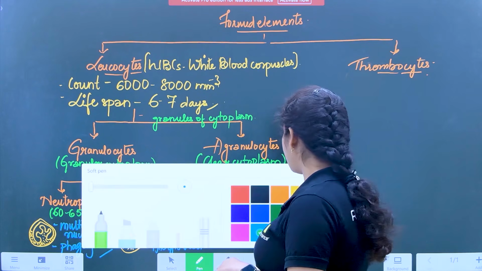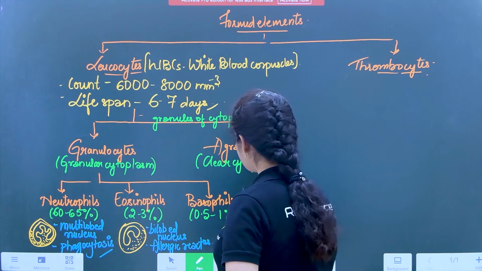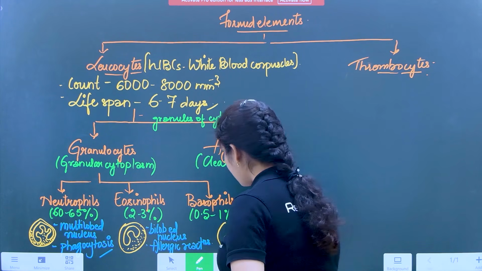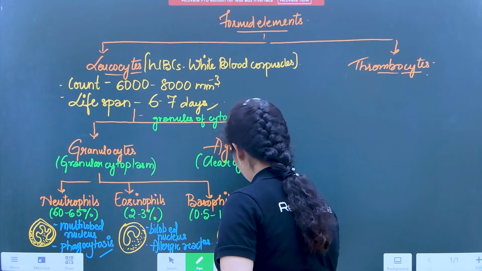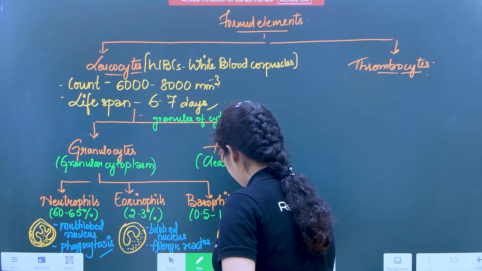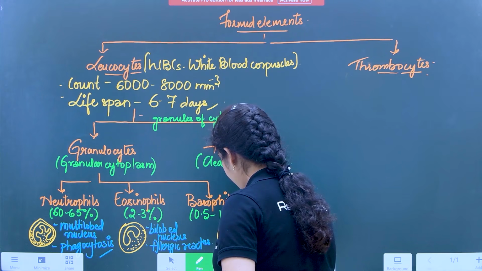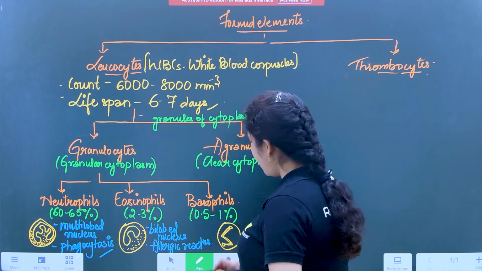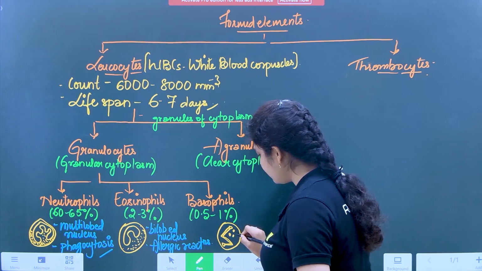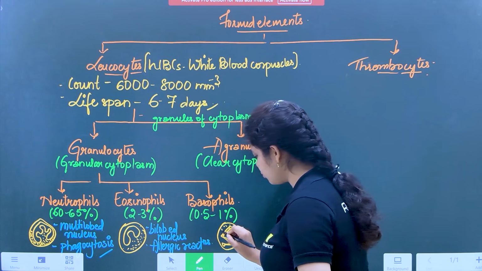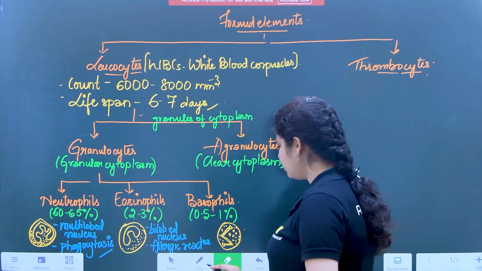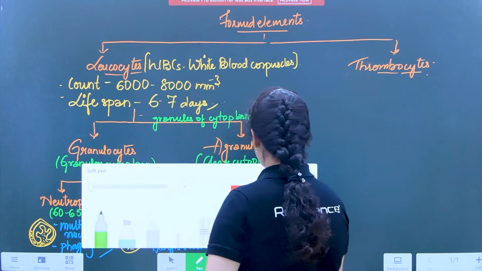Okay, next one is basophils. Basophils have an S-shaped nucleus, and obviously a granular cytoplasm.